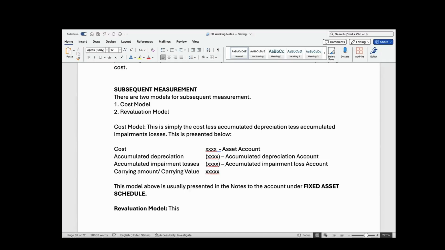the cost model, this is also simple. Now we would have what we call a revalued amount, less subsequent accumulated depreciation, less accumulated impairment losses.